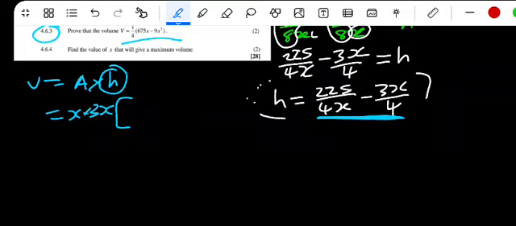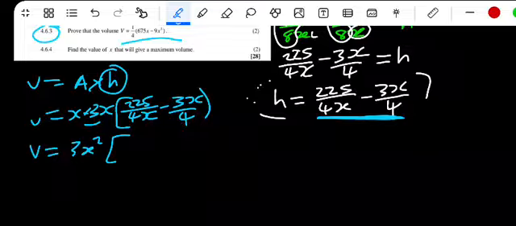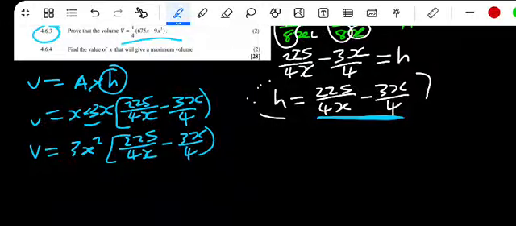We did it there: 225 over 4x minus 3x over 4. Are we together now? So it's V. This is the same as 3x squared into 225 over 4x minus 3x over 4.